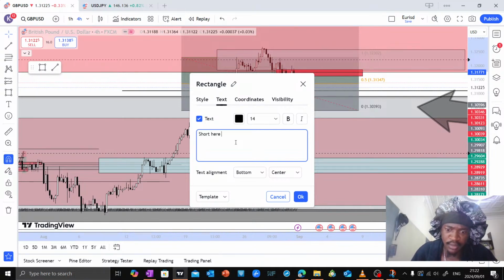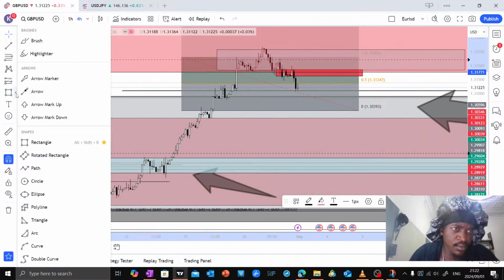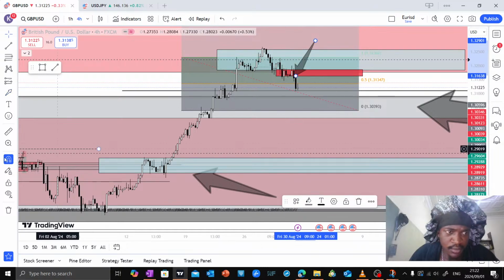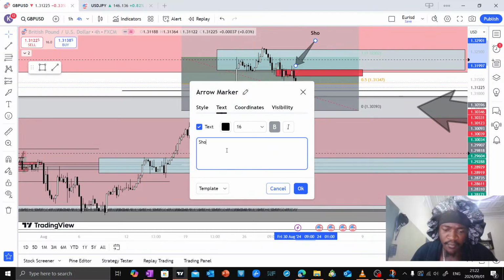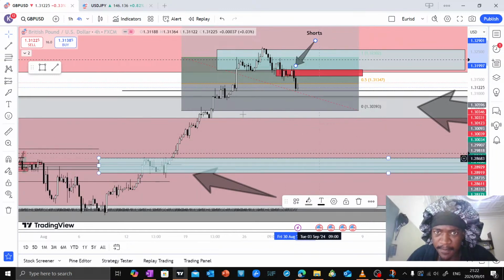Short here, let's say stops above the high. The profit target could be here.